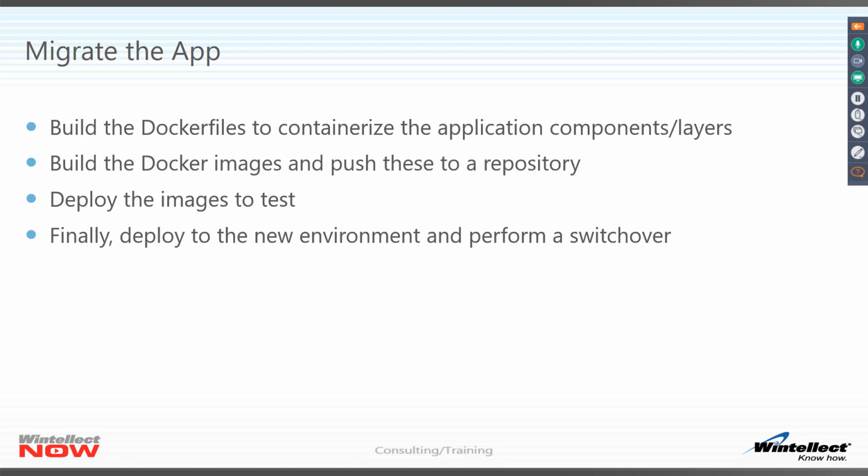Then as you mature in the process of migrating this application, you're going to think about, well, how am I going to script this out with VSTS, or with Jenkins or something like that, to deploy those Docker files, create the images, push them to repositories, and deploy those to test environments, into my QA and UAT, and finally into production, and so on. So whatever your migration strategy is for your application, you need to think more than just Docker files. You need to think about CI/CD as well.